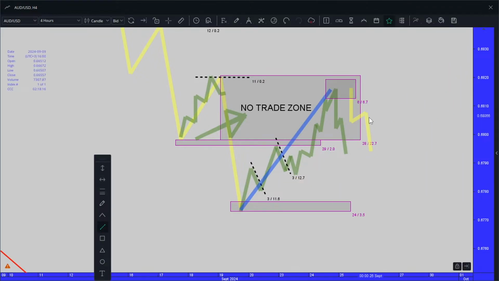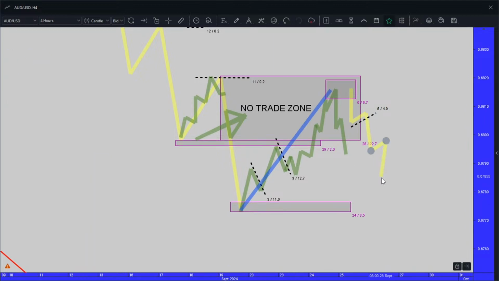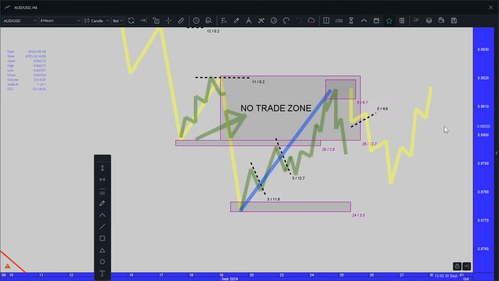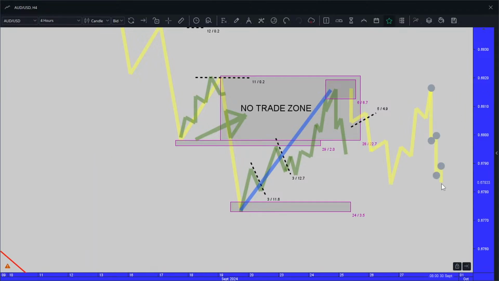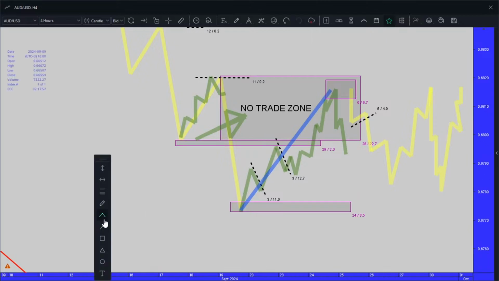Here beginner traders and intermediate traders still lose money because I'm going to sell the market, and the market is going to do this, and then it's going to go back up, and it's going to stop me again, and it's going to go down, and I'm going to short again, and it's going to go back up, and it's going to stop me again, and so on and so on.